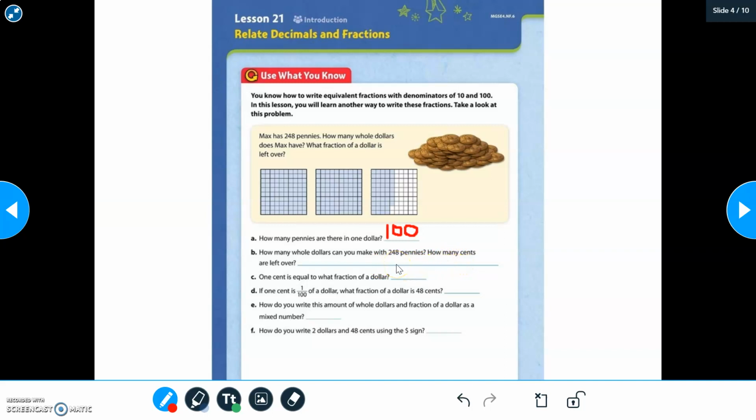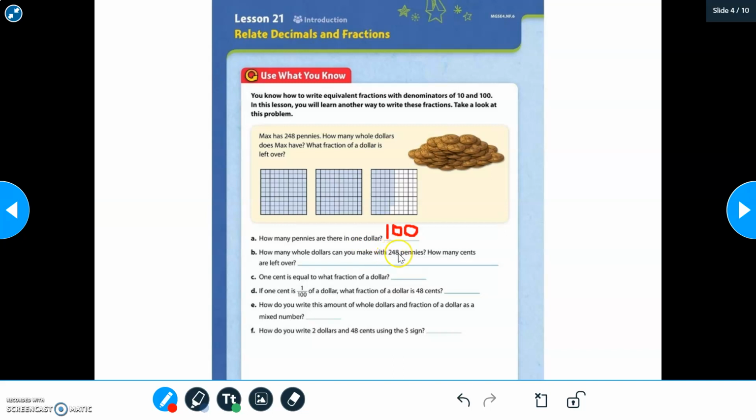All right, let's think about this. They want to know, because look at this problem. This is a two-step problem, right? First, we need to figure out how many whole dollars we can make out of 248 pennies. Now, let's go back up to part A. I know that 100 pennies is equal to $1.